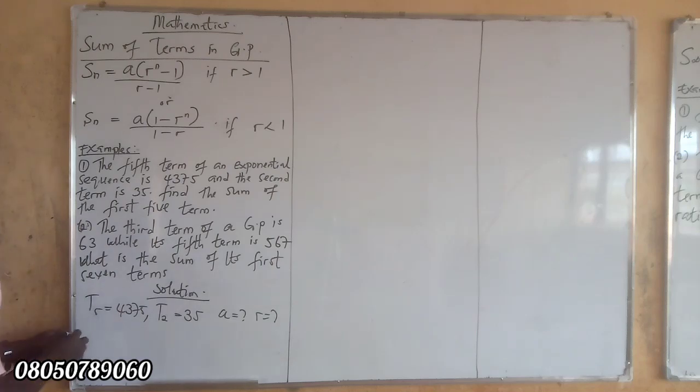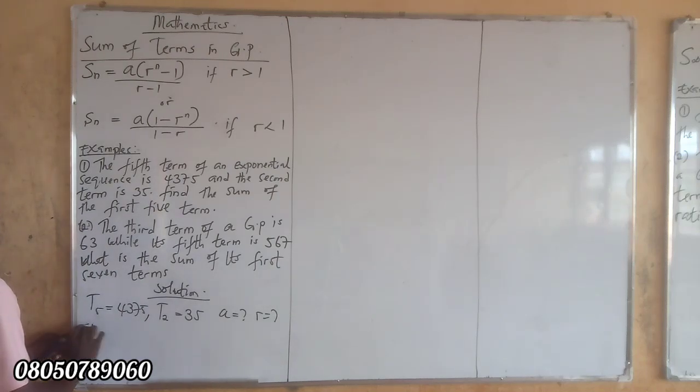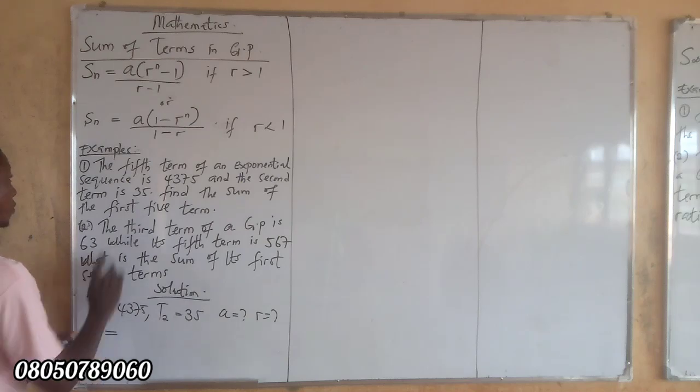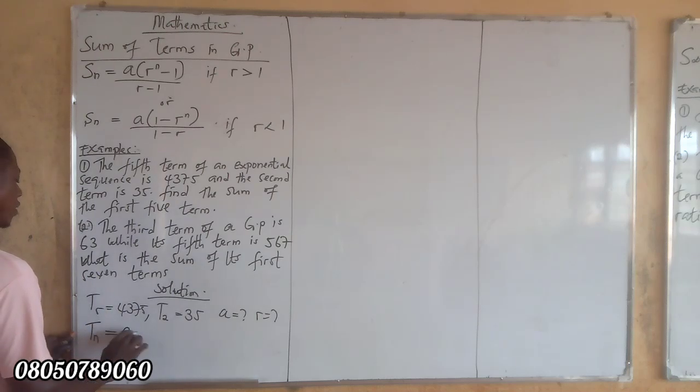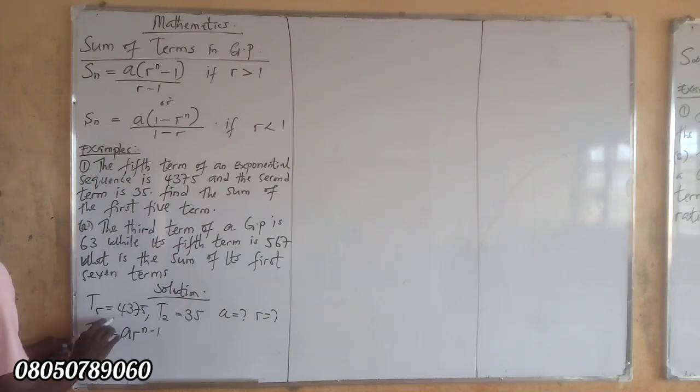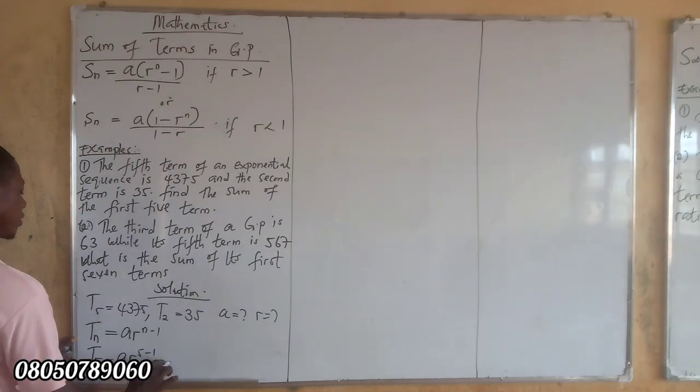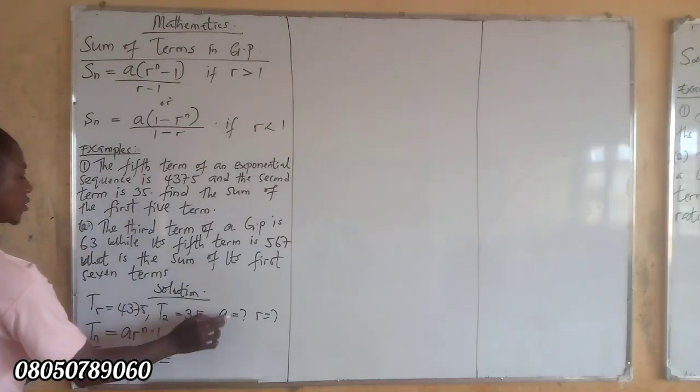Now, using the nth term of GP, t of n equals AR raised to the power of n minus 1. So first of all, t of 5 is going to be equal to AR raised to the power of 5 minus 1.